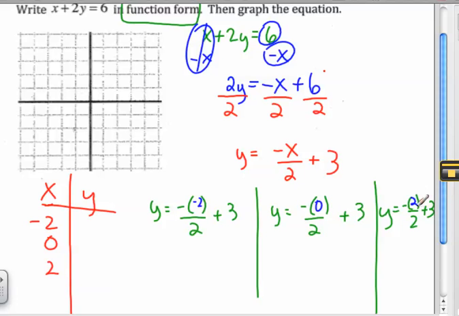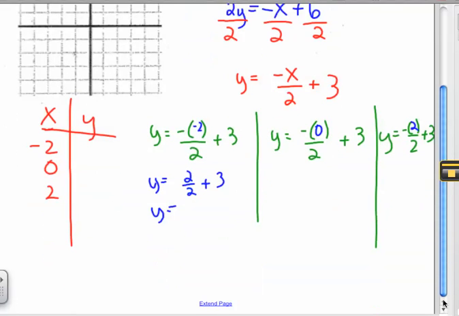So this first one's going to give me y is equal to 2 over 2 plus 3. Y is equal to 1 plus 3. Y is equal to 4. So when x is -2, y is 4. This one over here is easy. Y is equal to 0 over 2 plus 3. Y is equal to 0 plus 3.